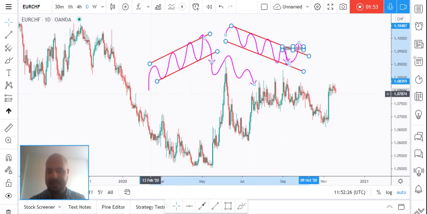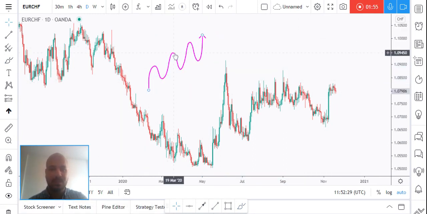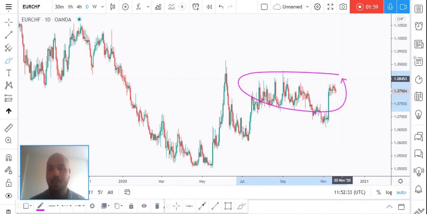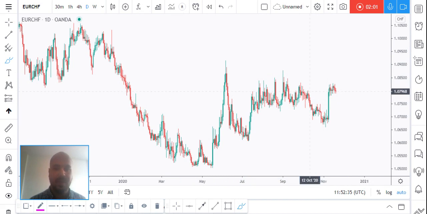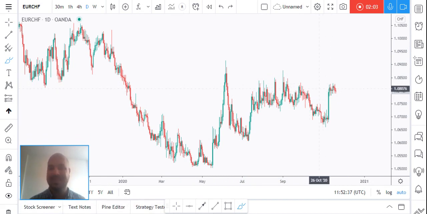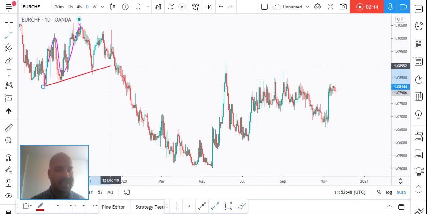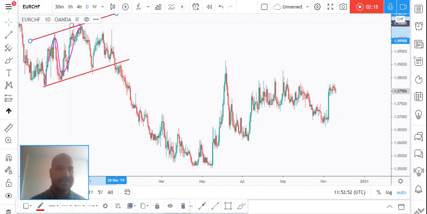So let's make one example or two, and then we'll cover this situation here to know what to look for on EURCHF for the upcoming days or weeks. Here's a quick example. The market is making higher highs and higher lows, so we are overall bullish and trading inside this channel, as you can see in red.